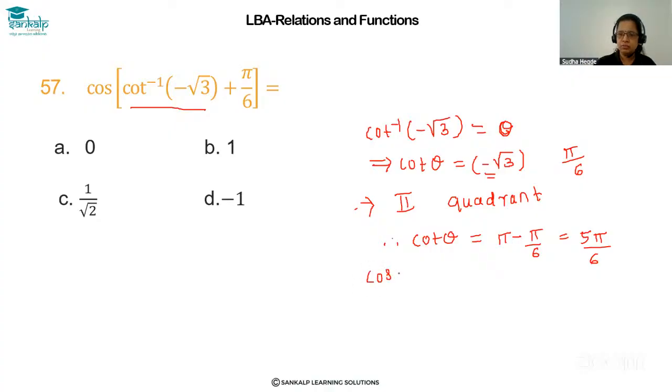So cos of (cot inverse of minus root 3 plus pi by 6) is equal to cos of (theta plus pi by 6), where cot inverse of minus root 3 is theta. Are you getting it?